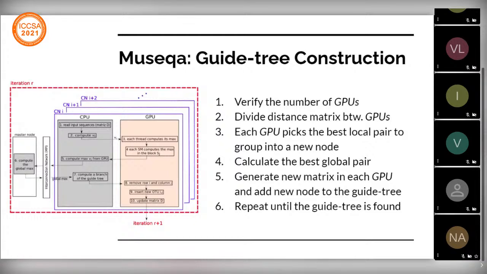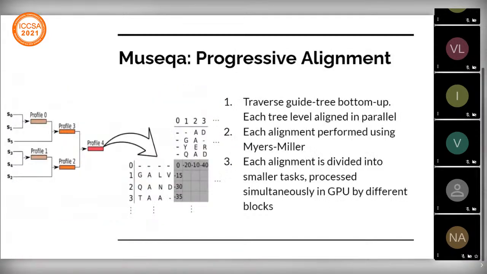And of course, I would refer you to the article for further details on how it was implemented and how it works in detail, as we have only 4 more minutes. The final step, the idea is to traverse this guide tree and go aligning the sequences and produce pairs in order to gradually or iteratively build bigger and bigger sequence alignments.